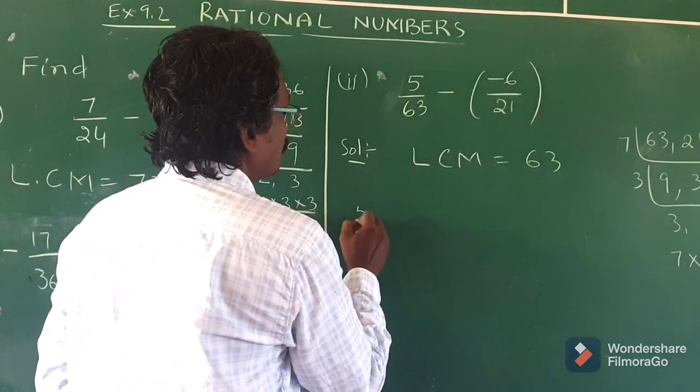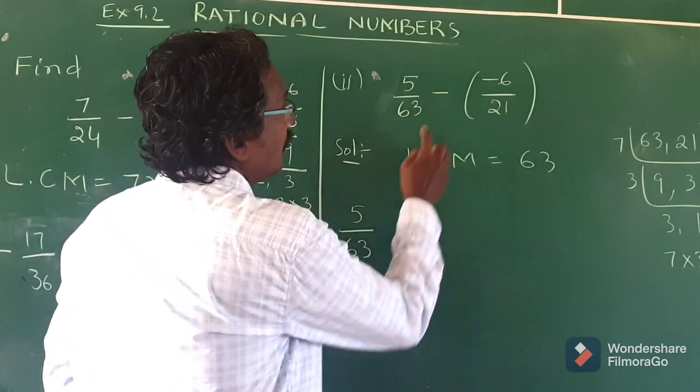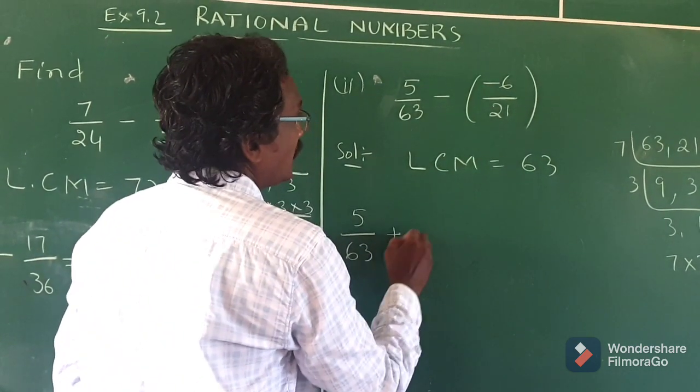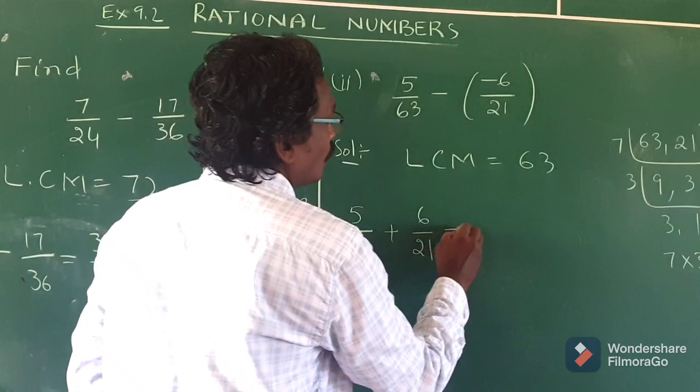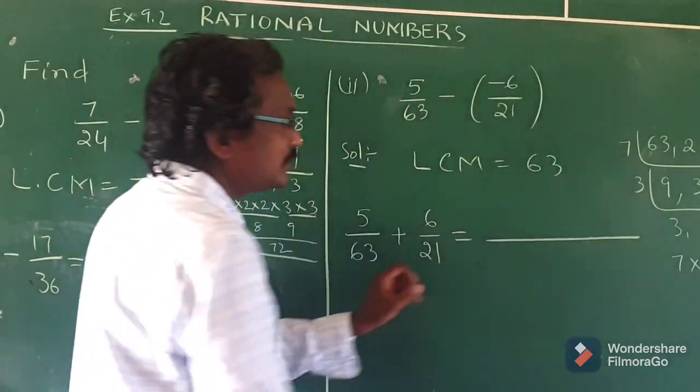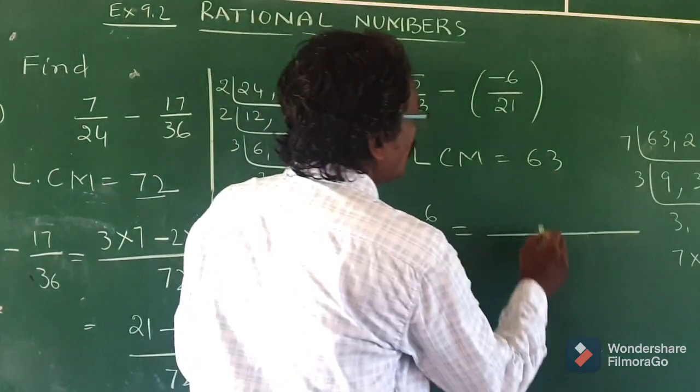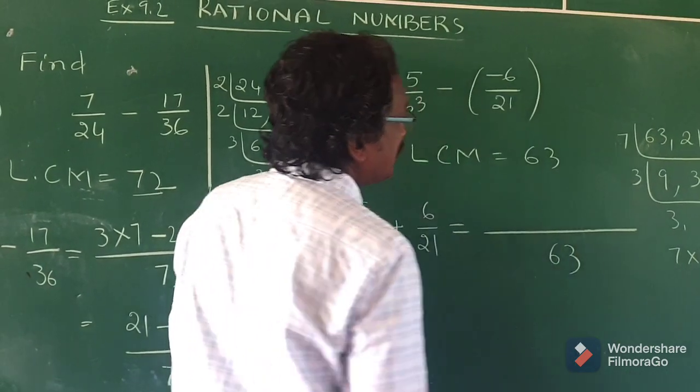Now write the question: 5 by 63 plus 6 by 21. Now write the division bar. In this division we have to write down the LCM, 63.